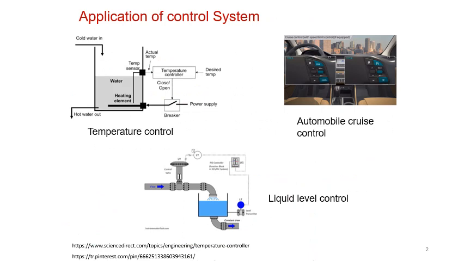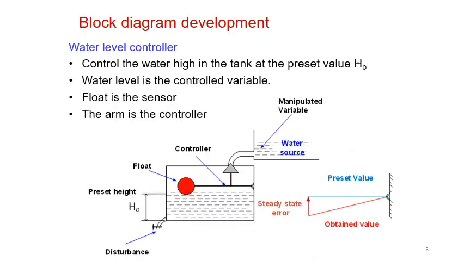In terms of application of control system, actually there are many applications for control system. Here I am selecting three examples: temperature control, automobile cruise control, and liquid level control. Now we will start thinking of how to develop the block diagram of any system.